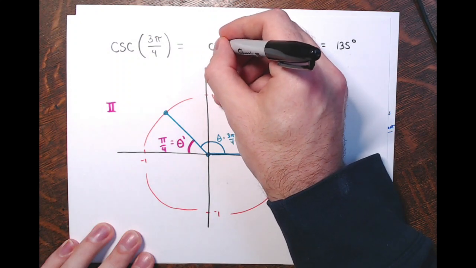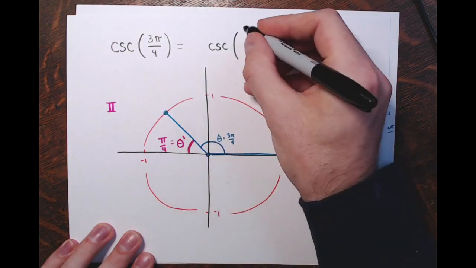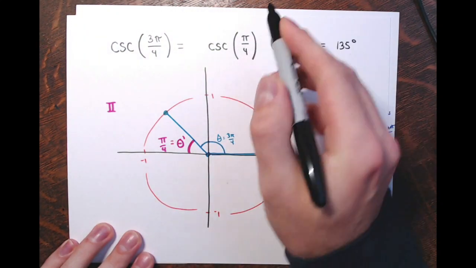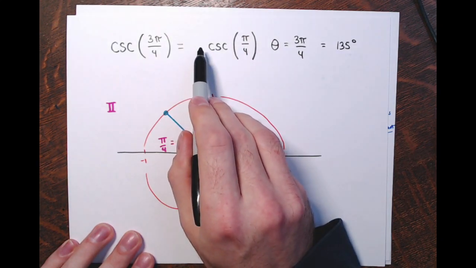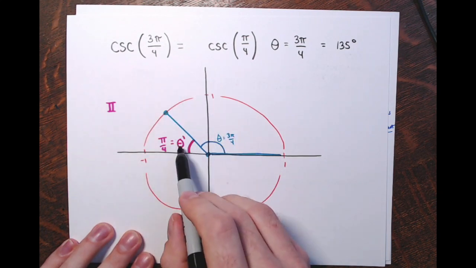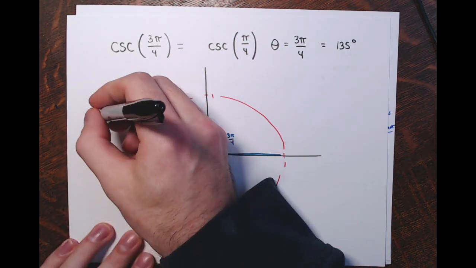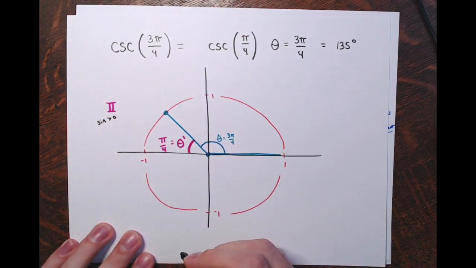All right, so the cosecant of 3 pi over 4 will be equal to the cosecant of the reference angle. The reference angle is just pi over 4. And then is it plus or minus? Then I choose a plus sign or a minus sign here. Now what quadrant is this in? Quadrant 2. Remember, the sine will be positive in quadrant 2 because the y coordinates are positive.